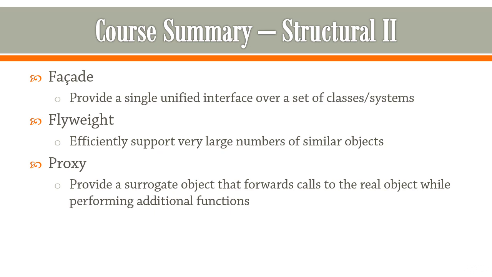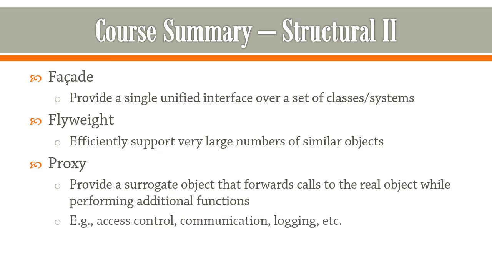And those functions can be virtually anything, but common uses of proxies are, for example, protection proxies, where you check whether the user has the access rights to call some method on a particular object, or they can be, for example, remoting proxies where the object doesn't really live in the same process as the process you're working with, but having calls on that object actually serializes all the arguments and passes them to, let's say, a process running on some other machine, and then the rest of the processing happens on that other machine.